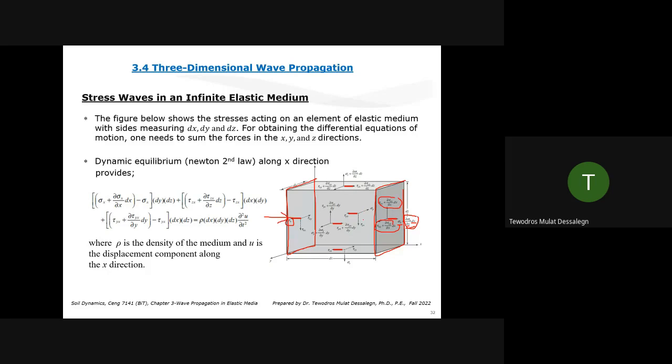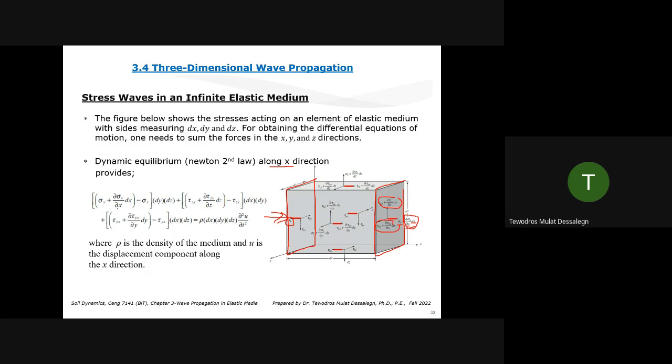So now for this solid element to be in equilibrium, let's say there is a dynamic wave passing through here. So call it a stress wave passing from one end to the other end. If this element is in dynamic equilibrium, then the sum of forces from Newton's second law should be mass times acceleration. So let's consider it in the x direction.